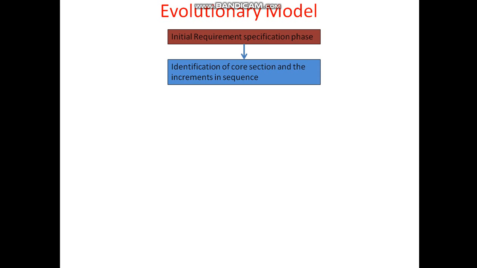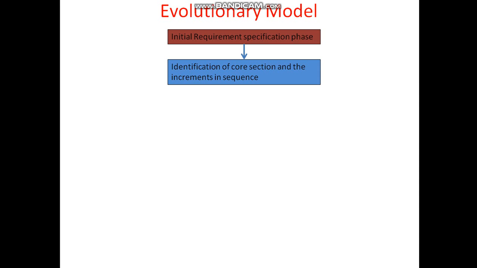Till now this point has not been considered in any of the software development models. In the evolutionary model, first of all we have to identify the core section or core functionality of this particular project. In the incremental model, we developed the project in increments, without discussing which one is the core part. But here it is a little bit different.